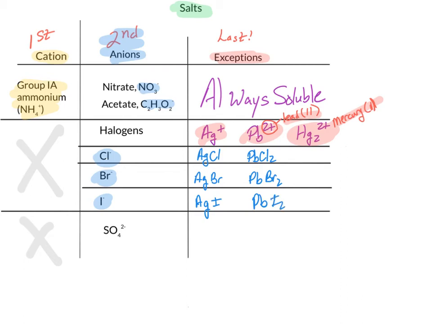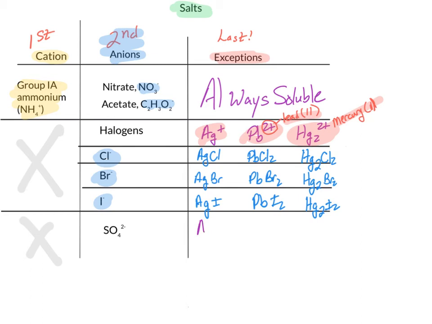Each of those are insoluble in water. Then we can look at mercury 1 chloride, which is going to have 2 Cls, mercury 1 bromide, again 2 Brs, and mercury 1 iodide with 2 iodines.